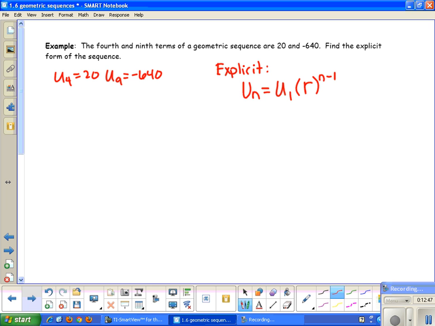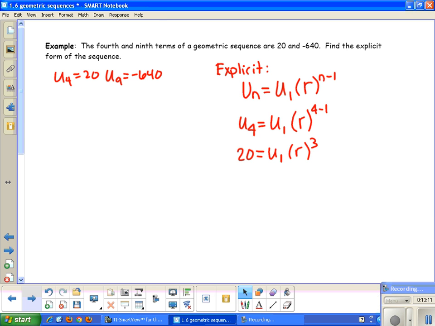So for example, if I wanted u sub 4, u sub 4 would be equal to my first term, which we don't know, times r, which we don't know, to the n minus 1, so this would be 4 minus 1. The fourth term we know is equal to 20. So 20 equals my first term times r to the third power.